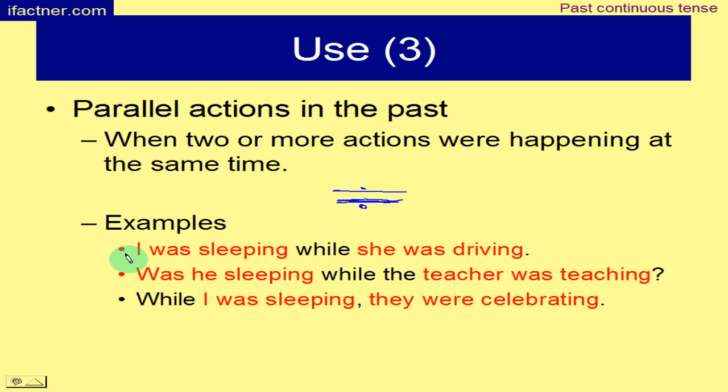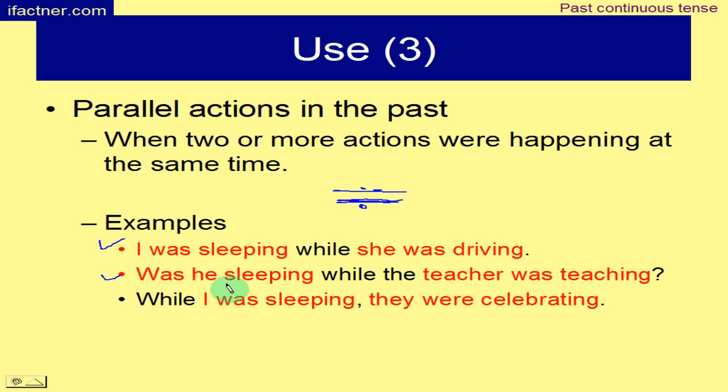For example, let's say that I was driving with my girlfriend and I slept while she was driving. So I will say that I was sleeping while she was driving. Both actions were happening parallel at the same time, therefore we use past continuous tense.